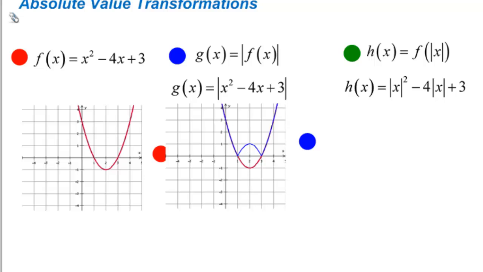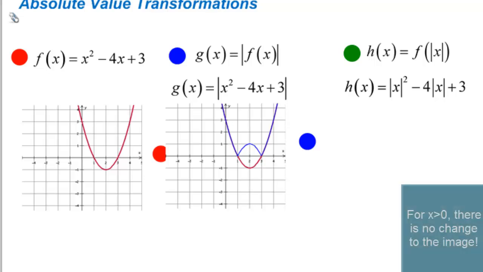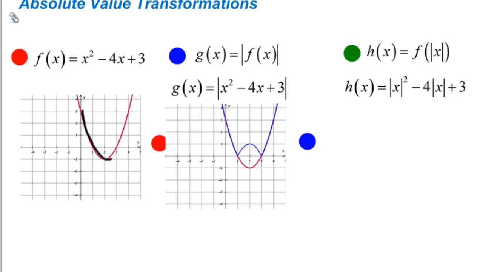So, if x were already positive in my equation, and I plugged it into this expression for h of x, for instance, 3, it wouldn't change what happened if I didn't have the absolute value bars. So everywhere that x is positive, I should continue to have the same graph.